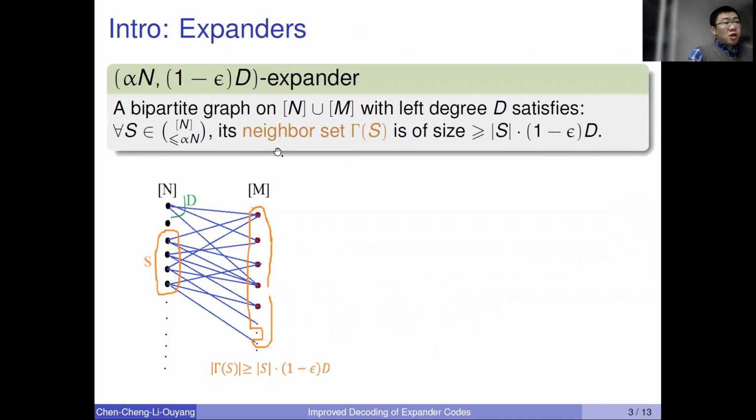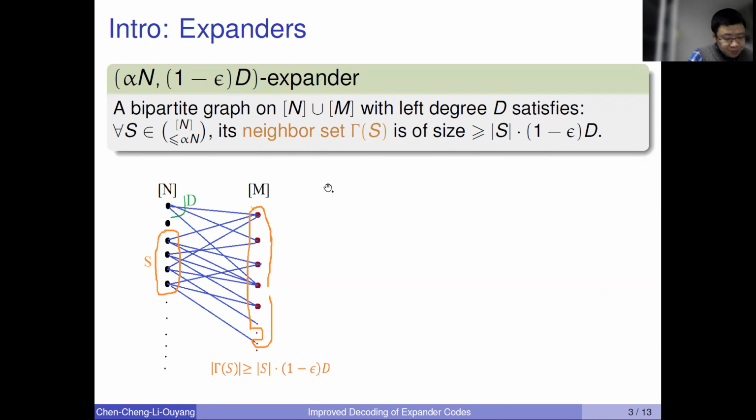The first parameter of the expander, alpha n, controls the size of the subset S. The second one, expansion, lower bounds the size of its neighbor set in proportion to the size of S. One comment is that there's a trivial upper bound on the neighbor set, that's d times the size of S, because the graph is d-regular on the left-hand side.